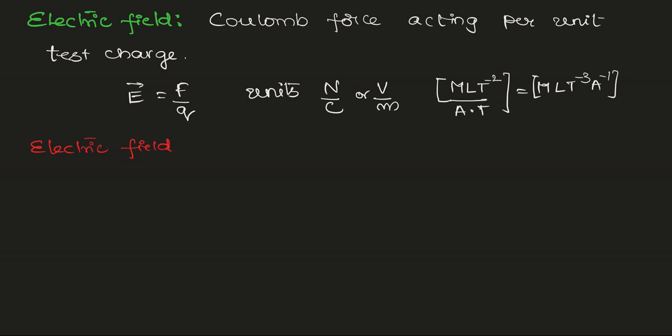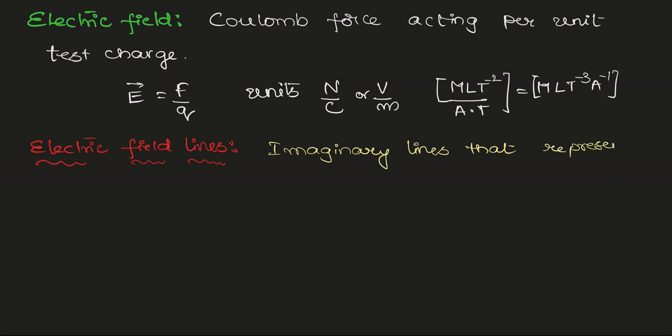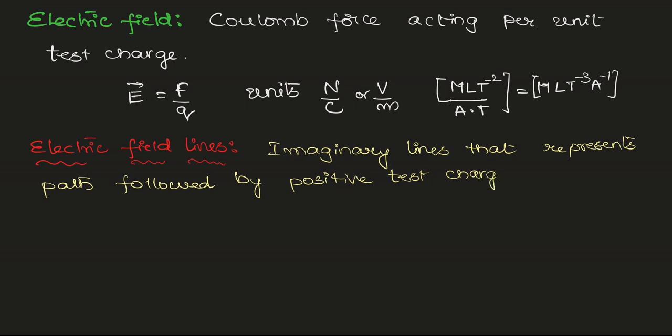Electric field lines are imaginary lines that represent the path followed by a positive test charge in an electric field region.